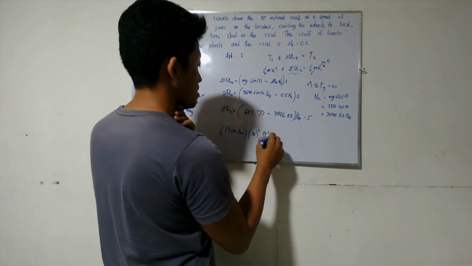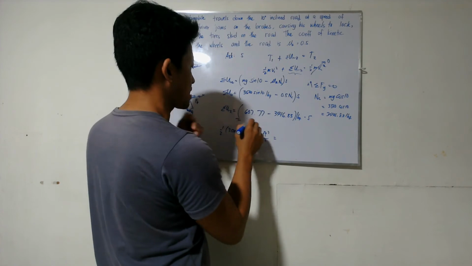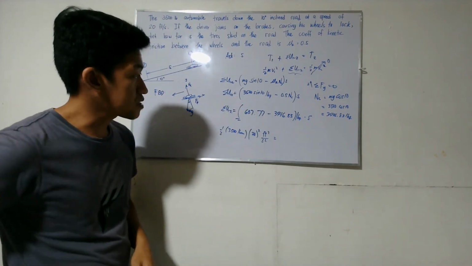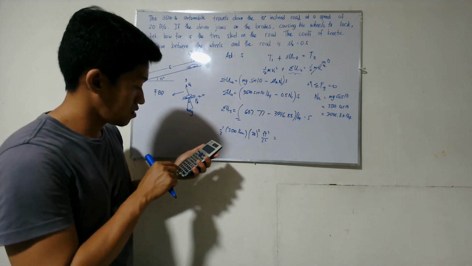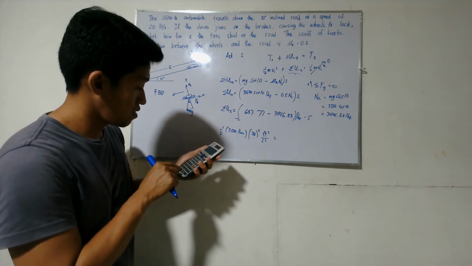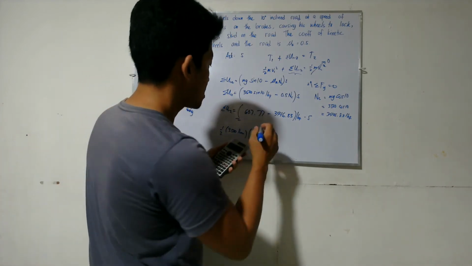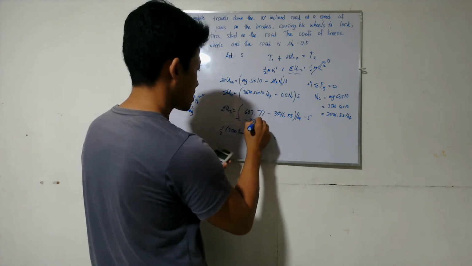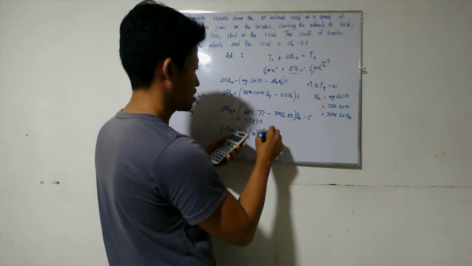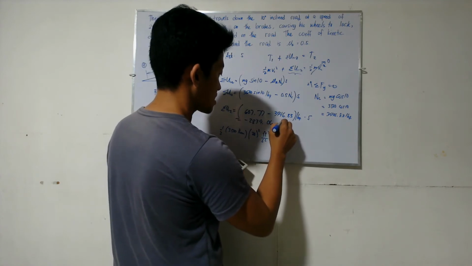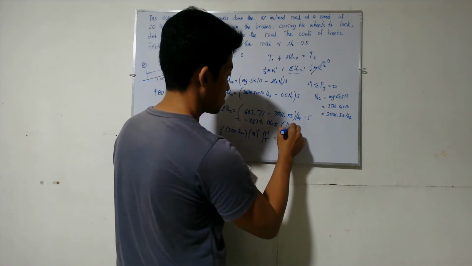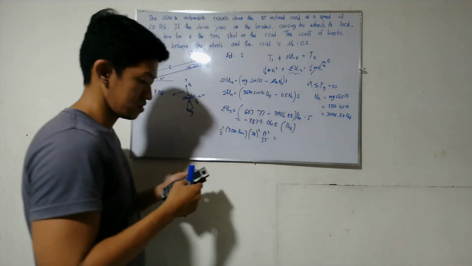By the way, 607.77 minus 3446.83 is negative 2839.06 times S. The unit is pound force.